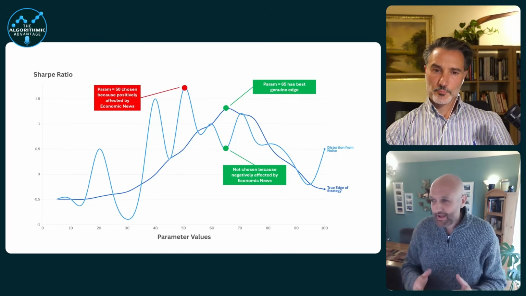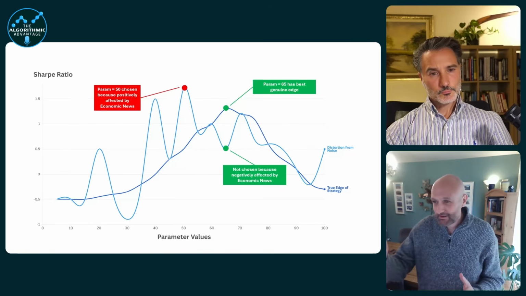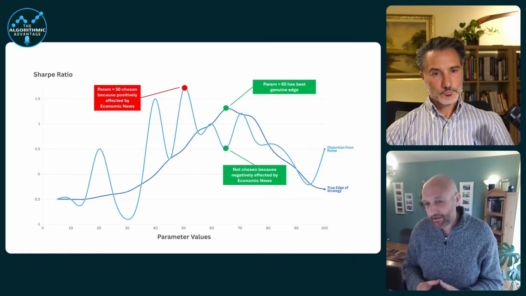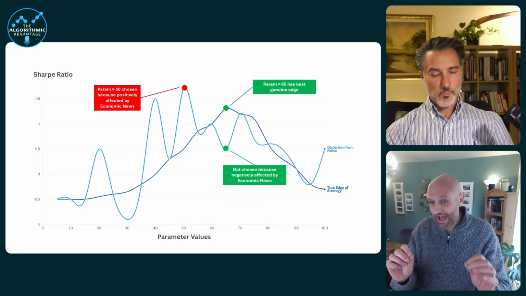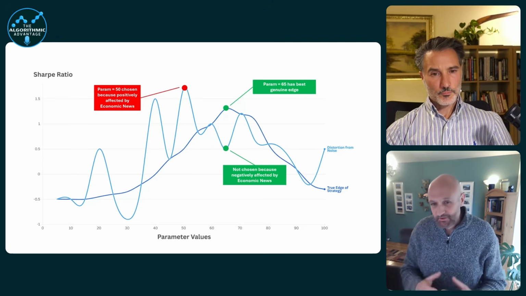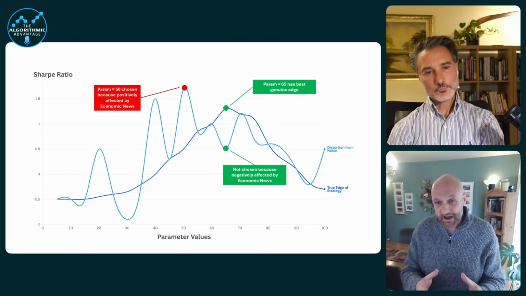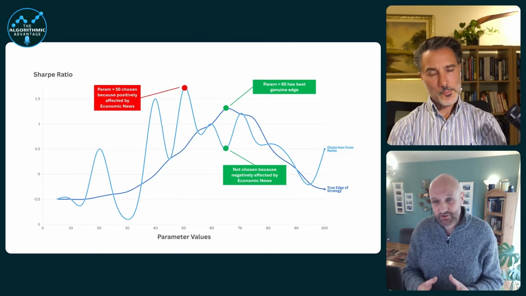And if we look over here, this parameter that has a value of 50 was nowhere near as good in terms of the true edge of the strategy. But it's the other way here. This just happened to have positions open at times when, by chance, they were positively affected by economic news.